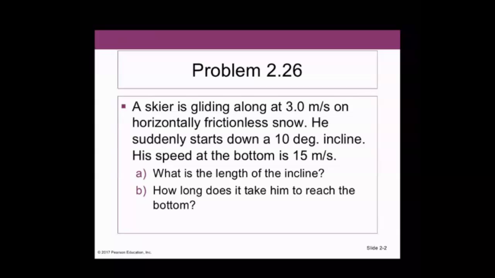He suddenly starts down a 10-degree incline. His speed at the bottom, we're told, is 15 meters per second. We're asked to find two things. What is the length of the incline, and how long will it take him to reach the bottom?